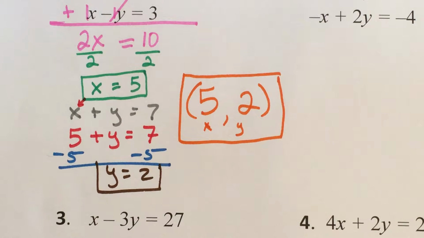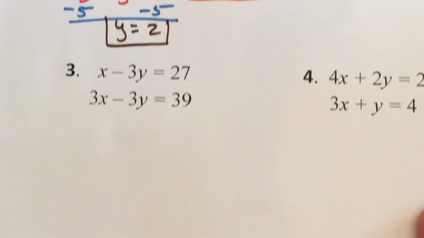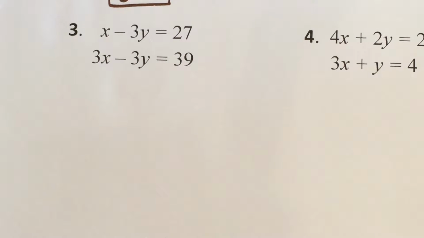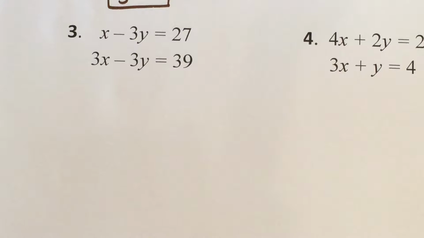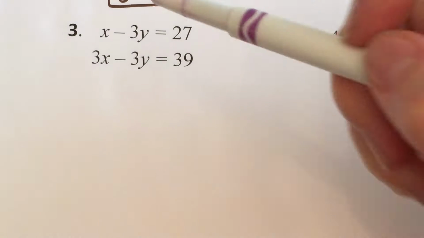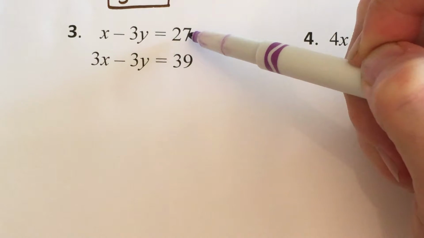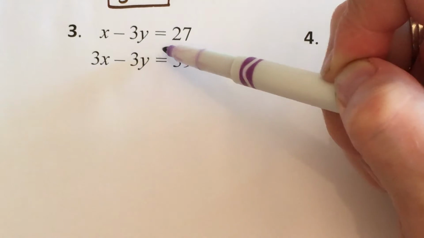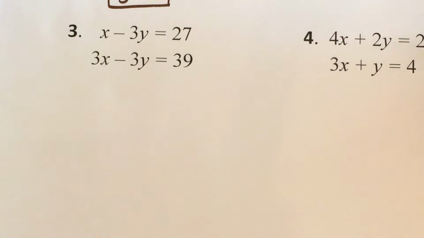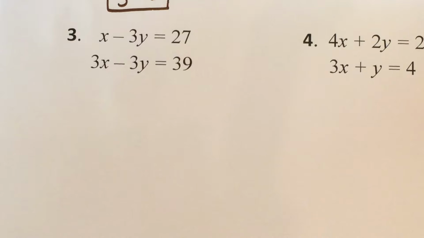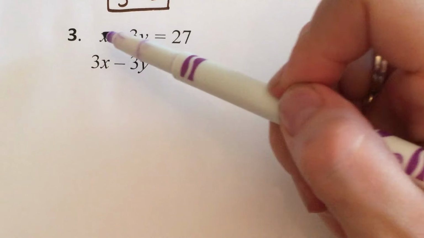Let's look at exercise 3. So in exercise 3, we have the same order, x, y equals number, x, y equals number. So great, they're in the same order. Let's look for a variable that has the same coefficient.